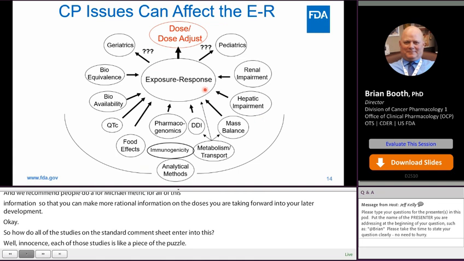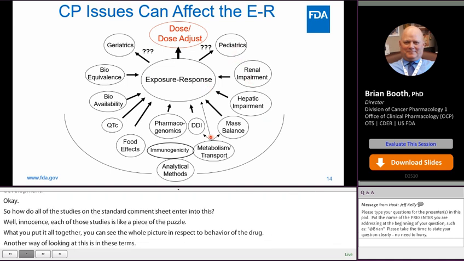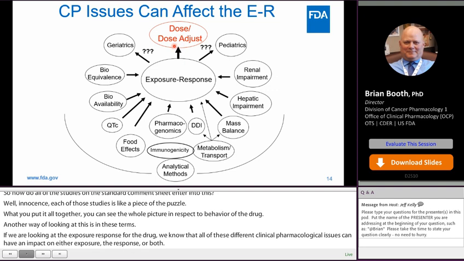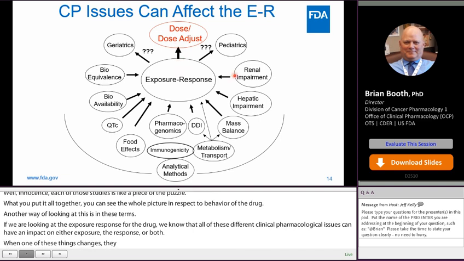So if we're looking at the exposure response for the drug, we know that all of these different clinical pharmacology issues can have an impact either on the exposure or the response or both. And when one of these things changes, that can make you rethink how maybe you want to dose the patients or perhaps adjust doses in specific circumstances to address these issues.